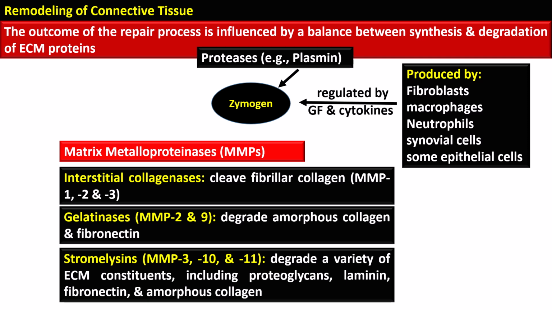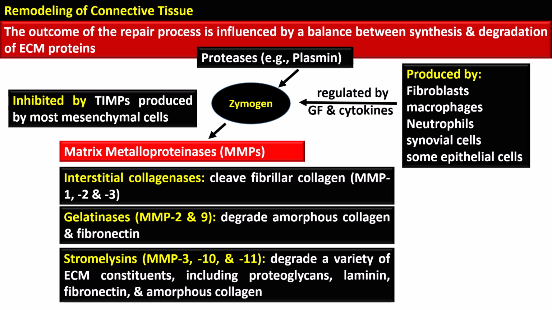Once activated, they exert their function, or they can be inhibited by tissue inhibitors of metalloproteinases, or TIMPs, that quickly inhibit them, ensuring the MMP activity is confined to the site of injury and a balance is maintained.